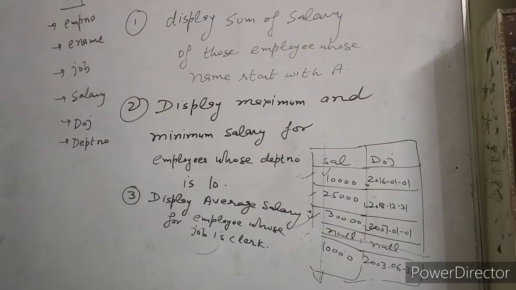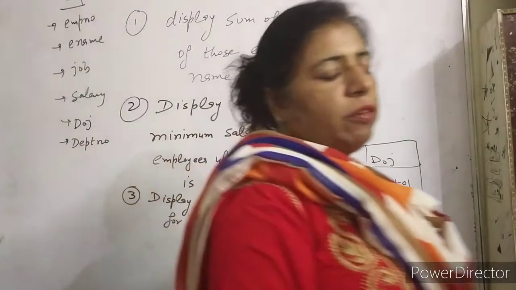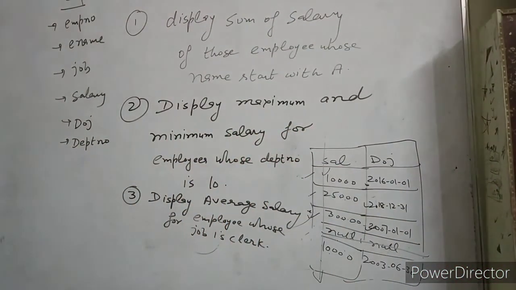Clear? These columns you have to use for the EMP table in these examples. Those are the 3 queries.